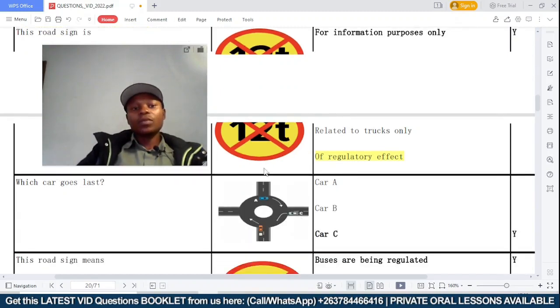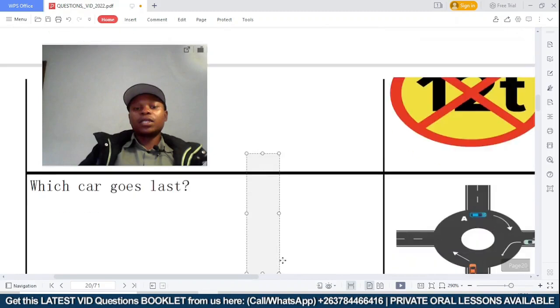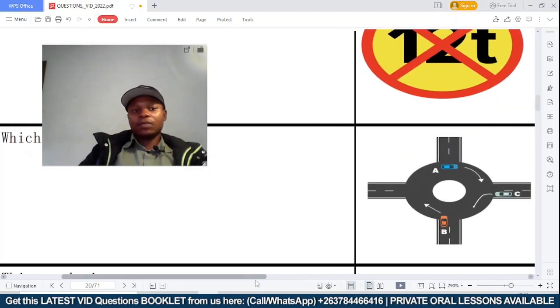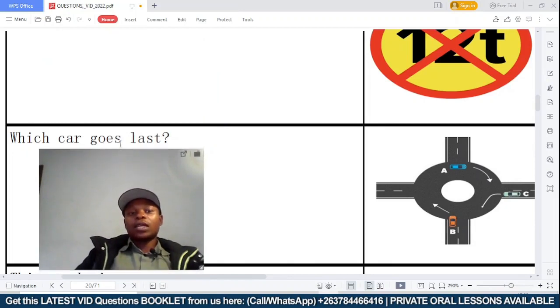Which car goes last? Here we have a traffic circle, or a roundabout. The rule that governs a roundabout is that you give the right of way to cars that are already circulating, or a car that is at your immediate right. Let's take some time to understand this car diagram. We are looking at the car that goes last.